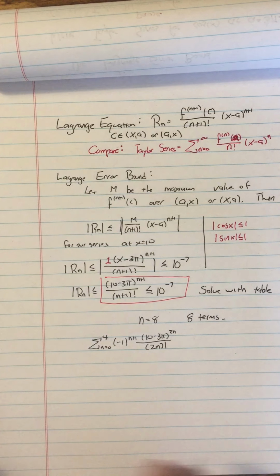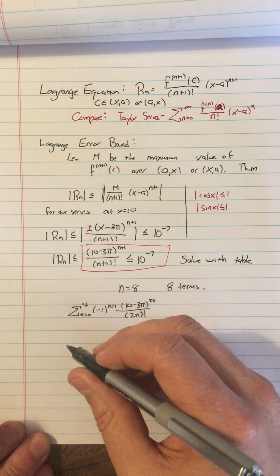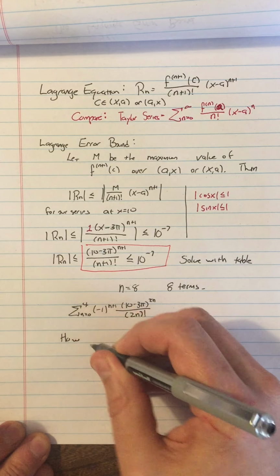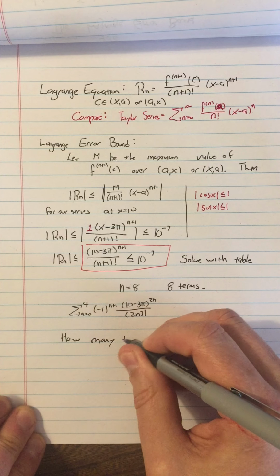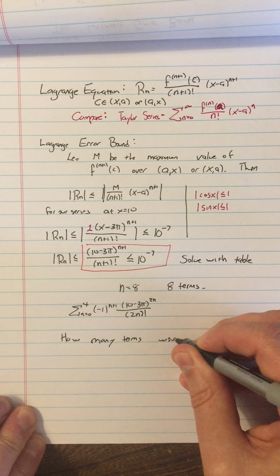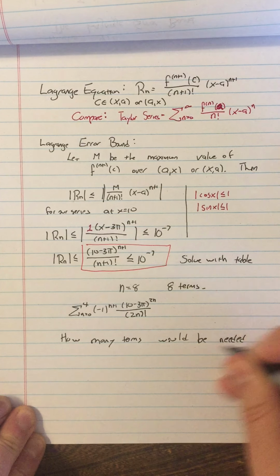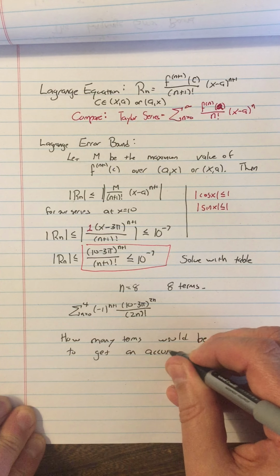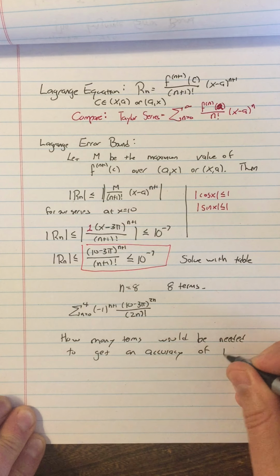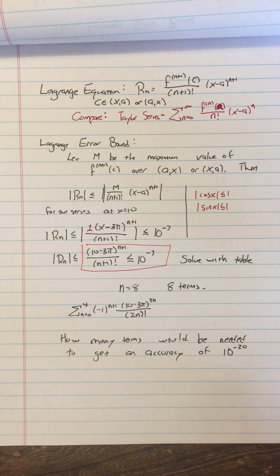So once you've got the table set up, you can also answer more questions like, how many terms would be needed to get an accuracy of 10 to the negative 20th power, because of course we want to get that kind of accuracy at least.